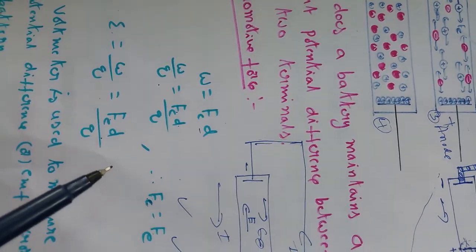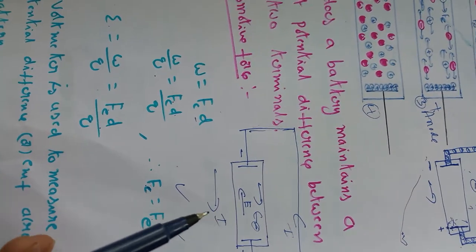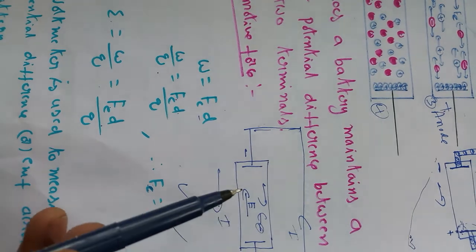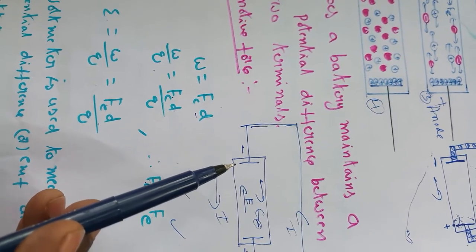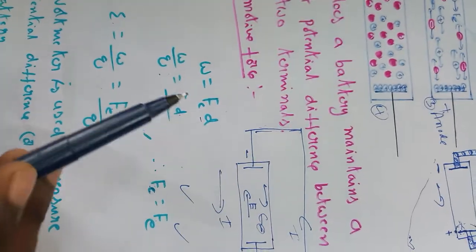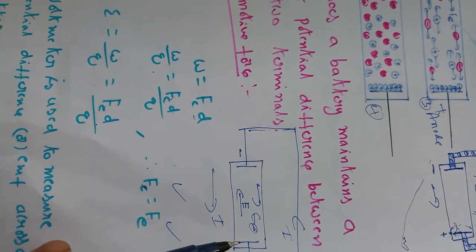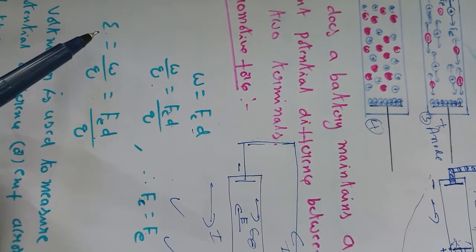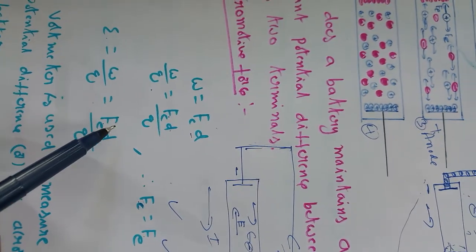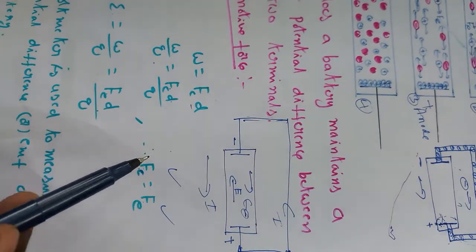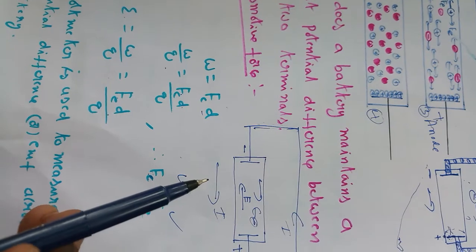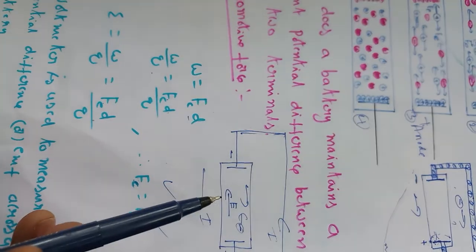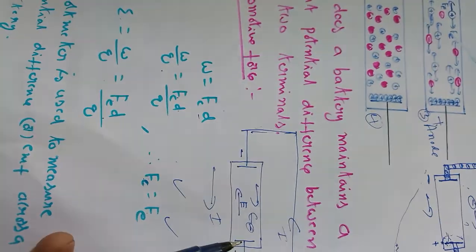Now see how we define EMF. The work done to move a unit negative charge from a high potential to low potential against the electric force is called EMF, or the electromotive force. E is equal to W by Q, that is equal to FE d by Q. In general, we define electromotive force as the work done to move a unit negative charge from the positive terminal to the negative terminal, or the work done to move a unit positive charge from the negative terminal to the positive terminal; both are the same.